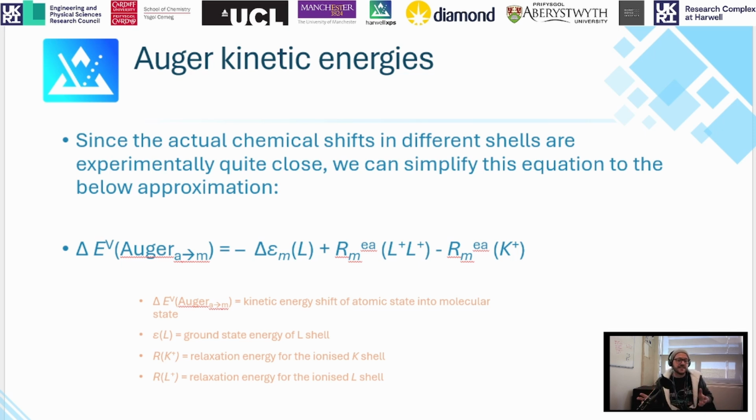So we can simplify this and remove the terms for K and L, and what that leaves us with is a new relationship: the shift in the kinetic energy for the Auger electron going from the isolated atom to the molecule is equal to the negative shift in the initial state energy for the L shell or the K shell, it doesn't matter, plus the extra atomic relaxation energy of the molecule for this double core hole, minus the extra atomic relaxation energy for the initial core hole.